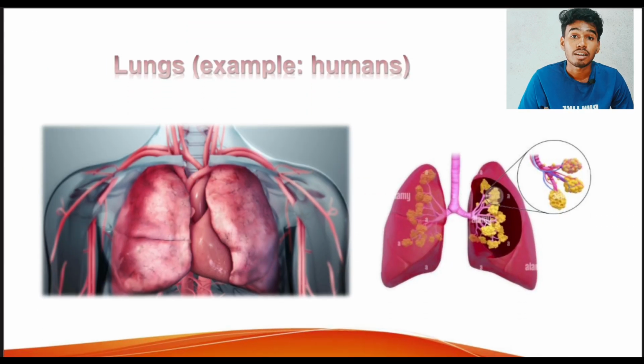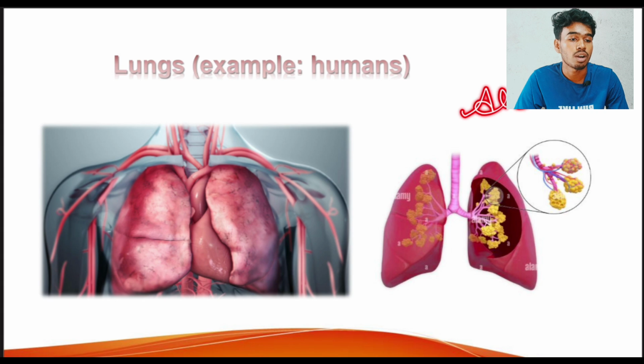Next one is lungs, present in human beings, us people. We have two lungs, one left lung and one right lung. These two lungs have further complex structures in them. Here you can see small sac-like structures, called alveoli or alveolar sacs, present inside the lungs.